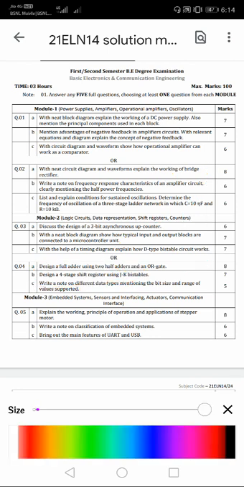Next, write a note on different data types mentioning the bit size and the range of values supported. This is also fine. I will not give much guarantee about this question, but you can prepare for it. So they are going to give you 1, 2, 3, 4.